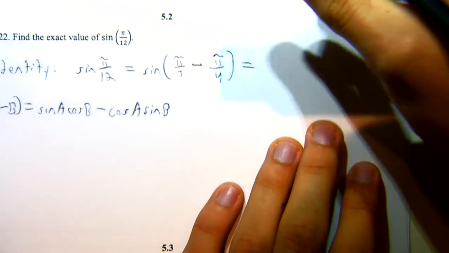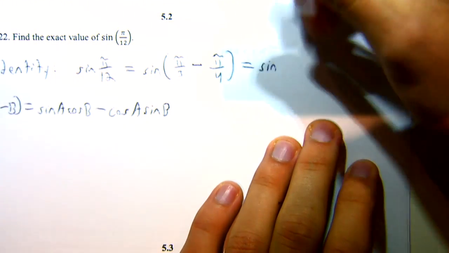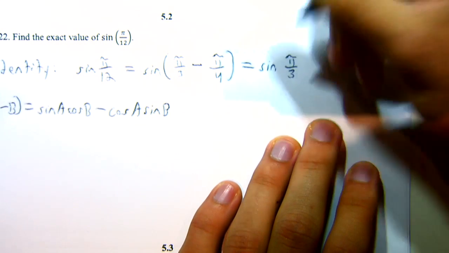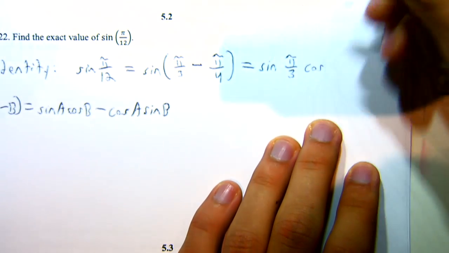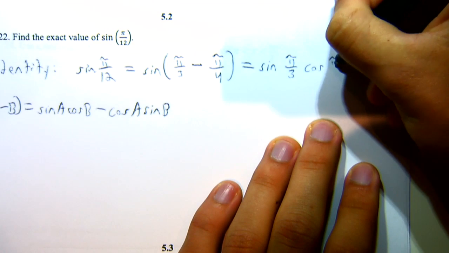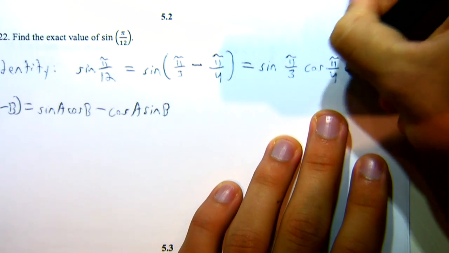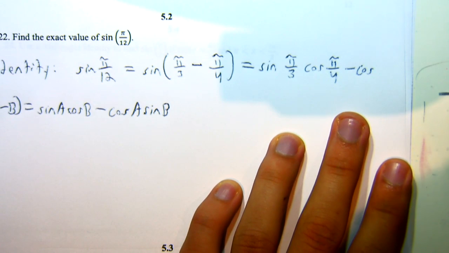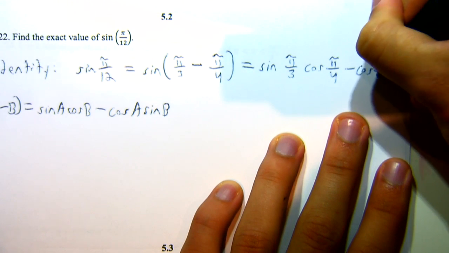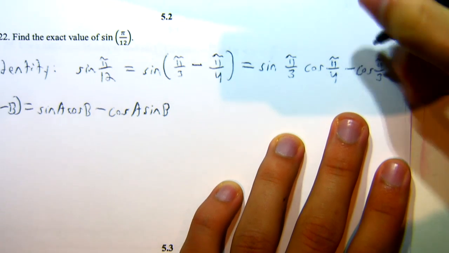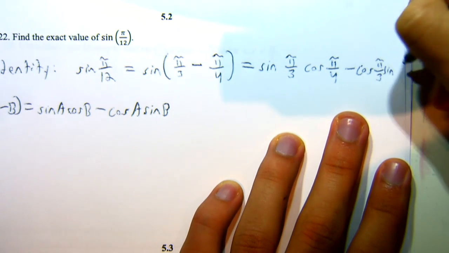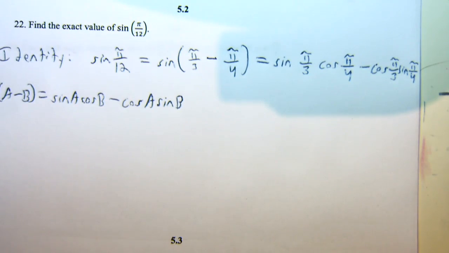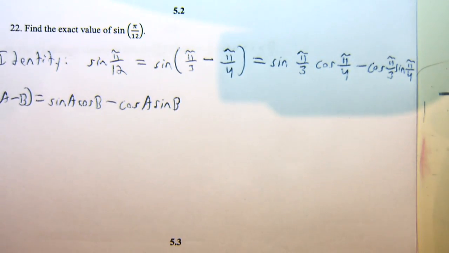Alright, so therefore we get sine pi over 3 times cosine of pi over 4 minus cosine of pi over 3 and sine of pi over 4. Alright?